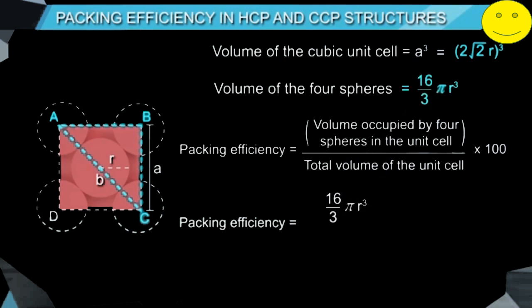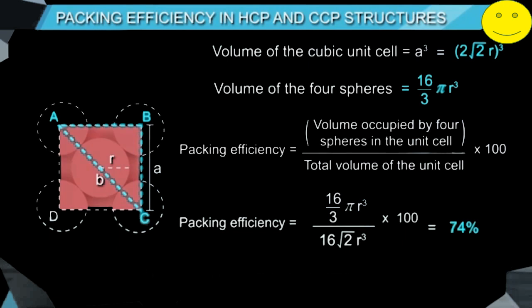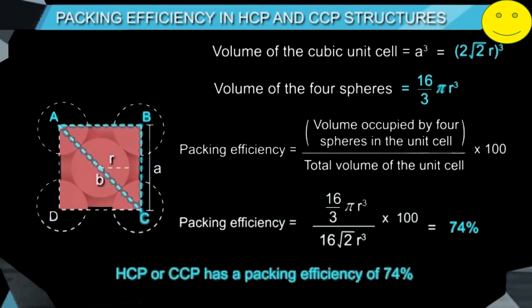Here you can understand the AC is equal to B, so we have kept the value B. BC is also equal to A and AB is also equal to A. So we will get B square equal to A square plus A square, so B square equal to 2A square. Therefore, B equal to under root 2A, that is equal to 4R. So A equal to 4R upon square root 2, which is equal to 2 square root 2R.